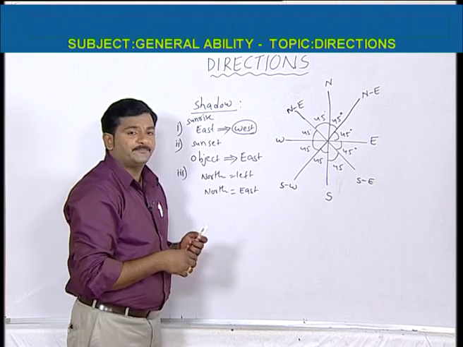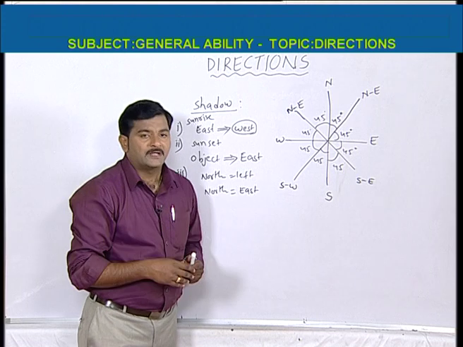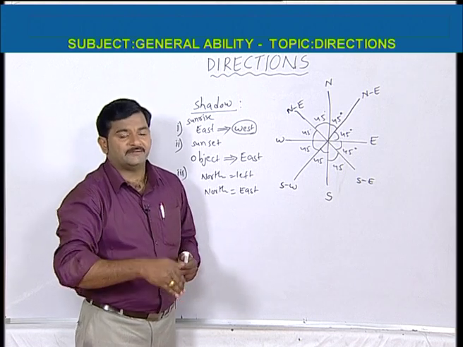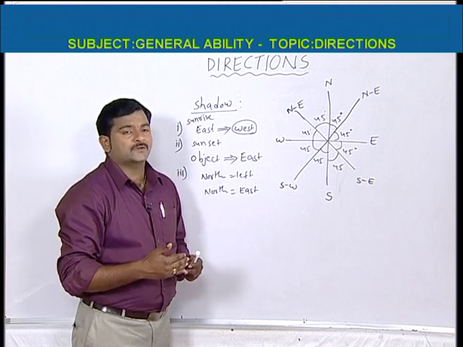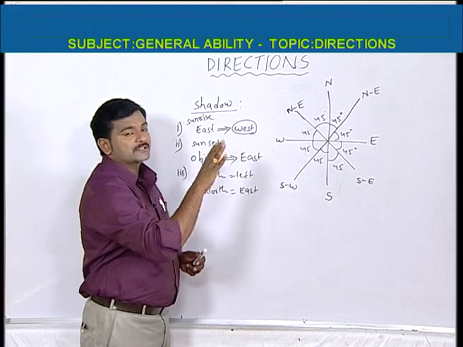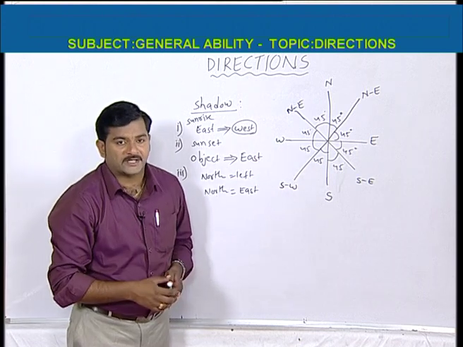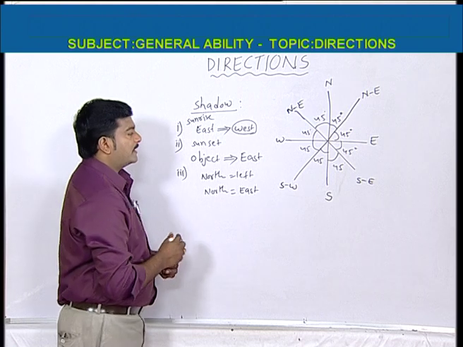Left means what? West only. Similarly, at the time of sunset, in the evening time, if the person is facing towards north direction, then his shadow will be always towards his right side. Right side means east direction. So this is about the third point regarding shadows.